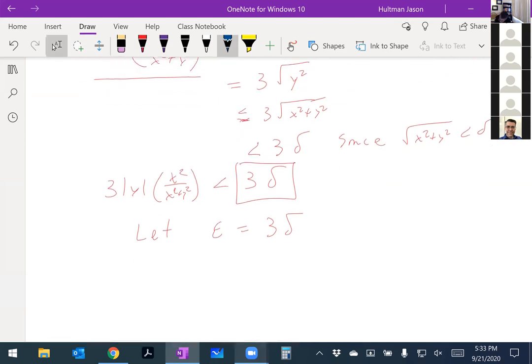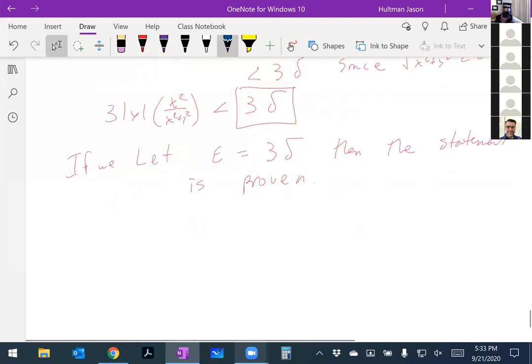If we let epsilon equal 3 delta, then the statement is proven, or provable. So how is it proven?